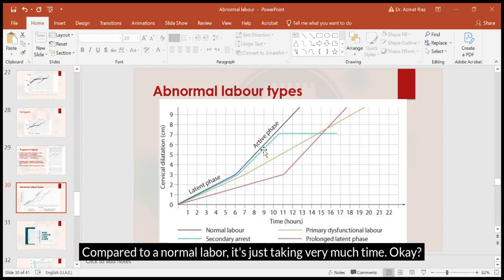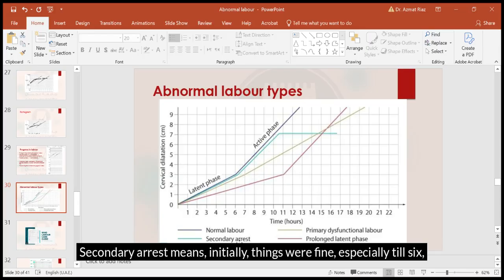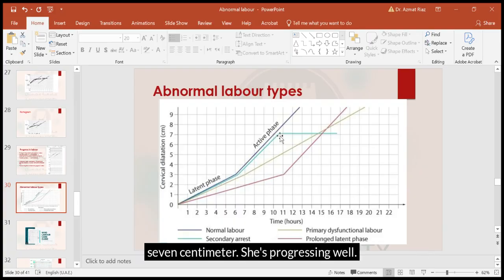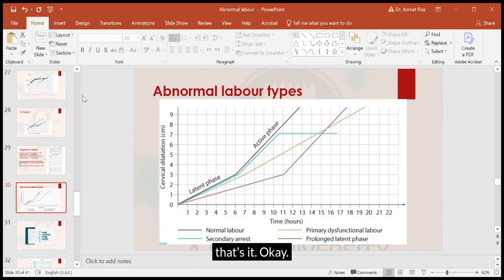Compared to a normal labor, it's just taking very much time. And then the last one is secondary arrest. Secondary arrest means initially things were fine, especially till 6-7 centimeters. She's progressing well, and after 6-7 centimeters, she does not progress. That's it, she stops progressing.